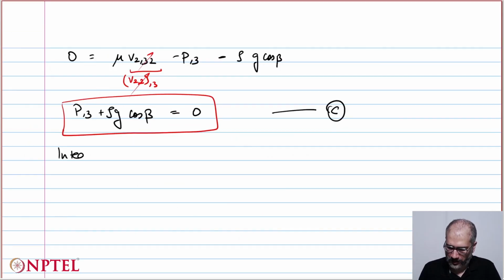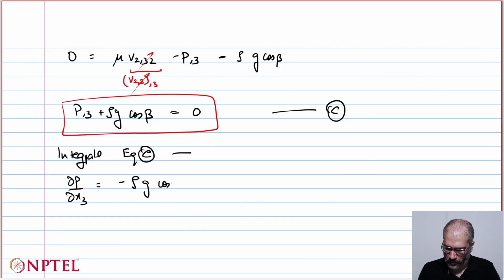So first I'll integrate equation C. So we have p comma 3, that is del p by del x3, equals minus rho g cos beta. All I need to do is integrate this with respect to x3, and then we have a constant here as well.